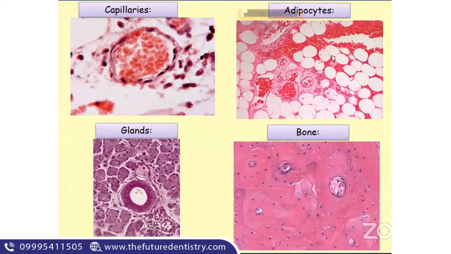Adipocytes, on the other hand, will appear like empty luminated structures, devoid of any nuclear composition or any other contents whatsoever. That is because of the simple reason that during tissue processing, we are using a lot of organic solvents. Organic solvents tend to dissolve lipids, as a result of which adipocytes appear as these empty vacuolar spaces.